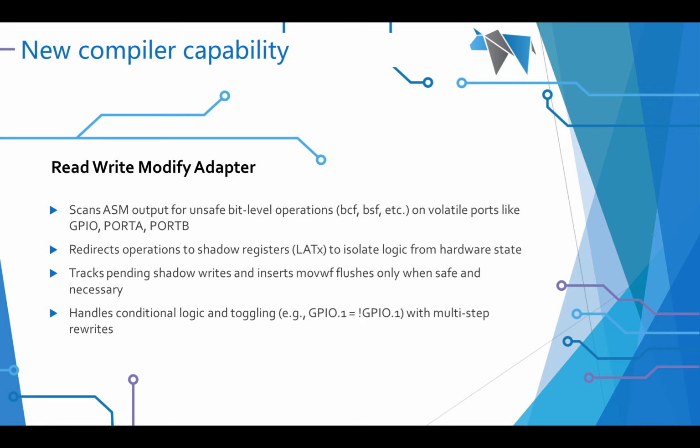So, setting these bits on these volatile ports like GPIO and port A or B. It's then going to redirect all the operations to a register, and I'm going to call that LATX for the time being. And I'm going to isolate that away from the hardware state. It's just a piece of RAM, 1 byte of RAM is going to hold a shadow register. We're going to track all the pending changes on the writes, and then we're going to flush those out when it's safe.